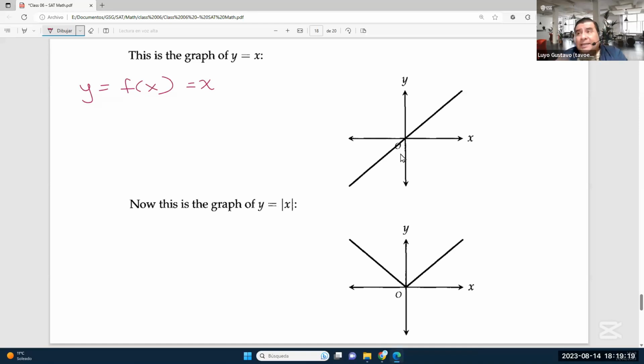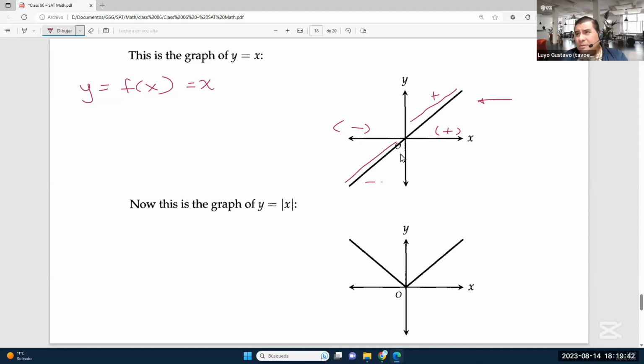Of course, x can take any possible values. Positive here, negative here. But what happens with y or f of x? In this linear function, y can take positive values here, but it can take negative values here.